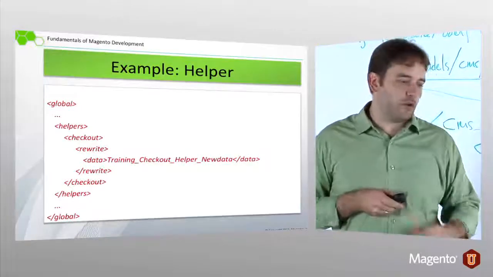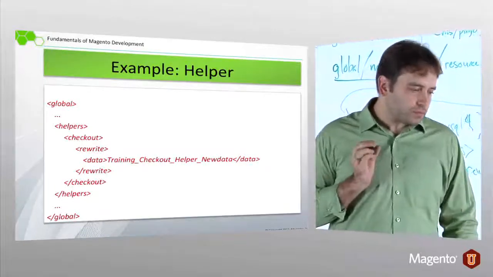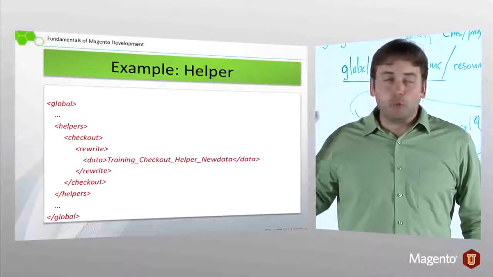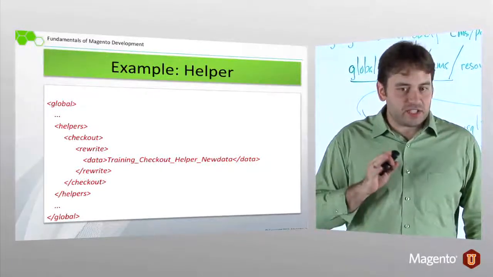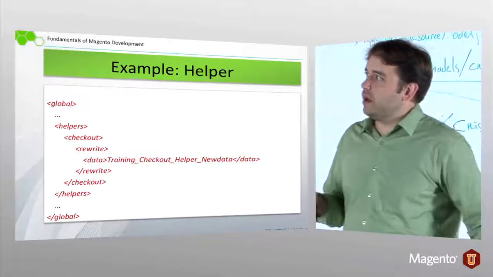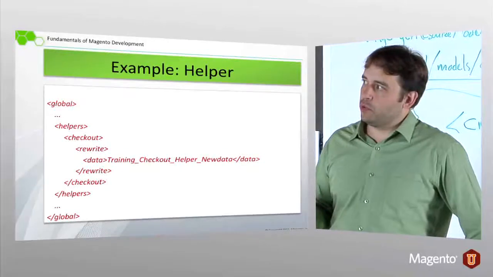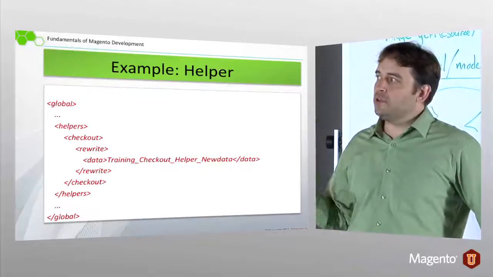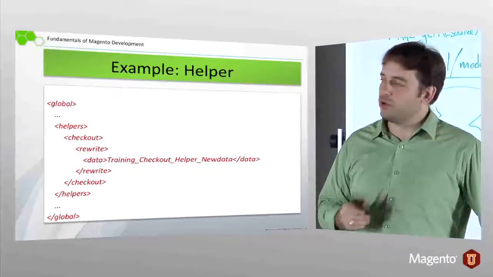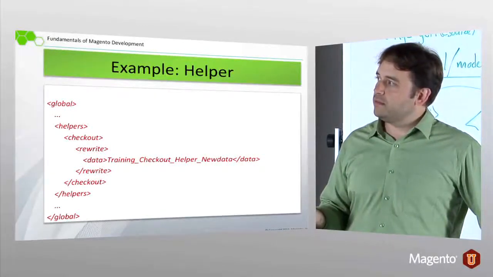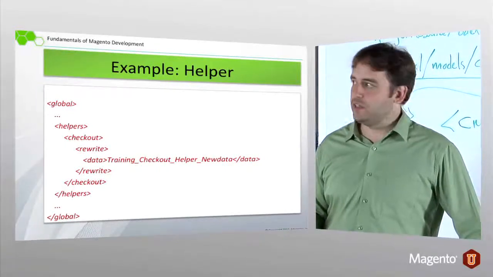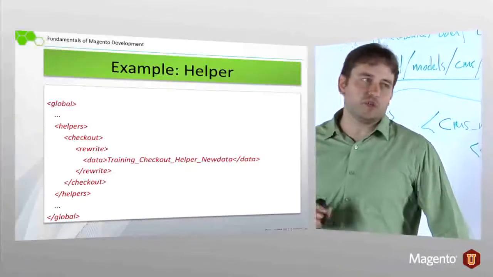And just for your edification, when you don't have a slash, for helpers only, the class name that is assumed is data. So somewhere in the code we would see Mage helper checkout. And what happens for helpers only, and you can see this in Mage core model config, is if there's no class name passed in, the assumption is data.